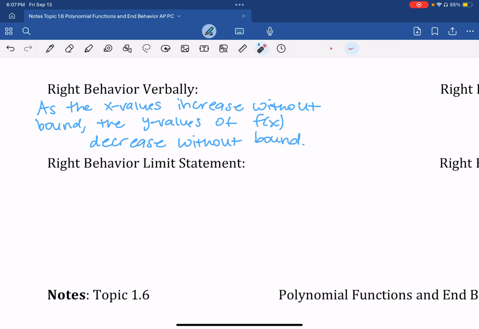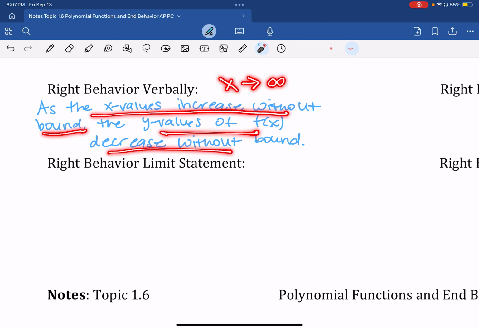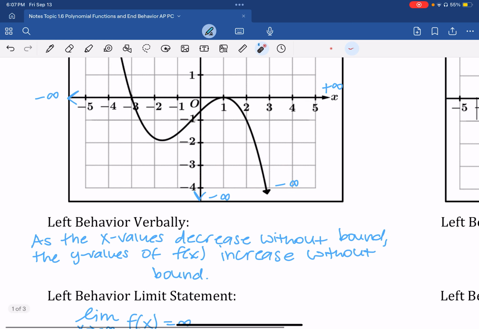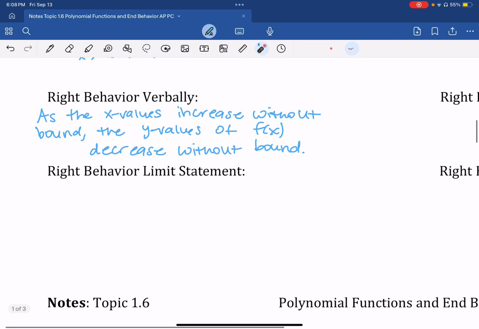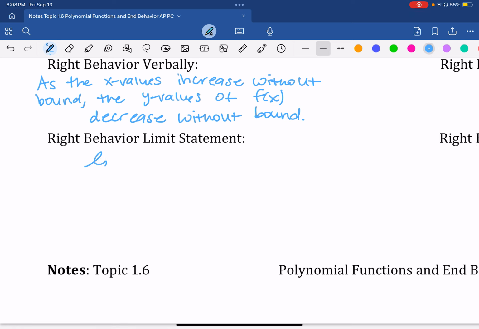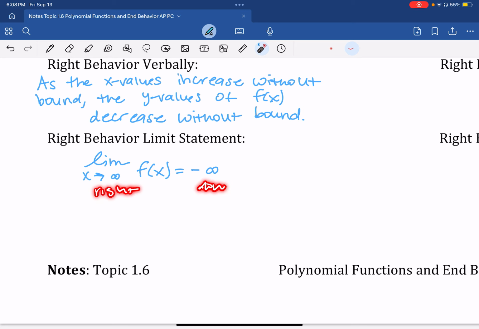Okay, so as the x values increase without bound, that means that x is going to the right to positive infinity. The y values decreased, so the y values were going down to negative infinity. On the right side, as we went to the right, the y values went down. In limit notation, you would say the limit as x approaches positive infinity, f of x equals negative infinity, right? So as you went to the right, your y values went down.